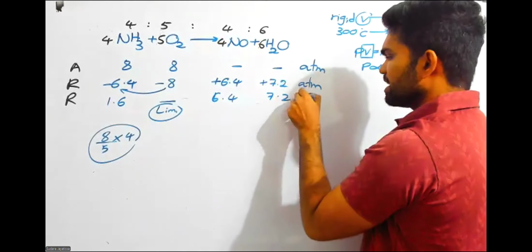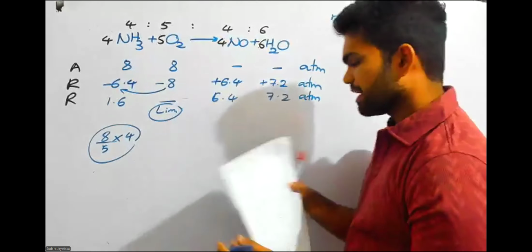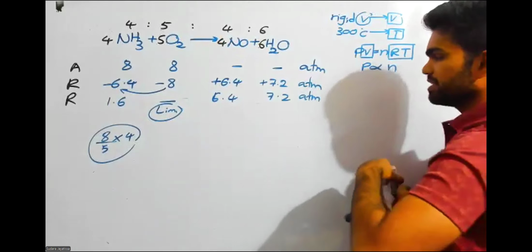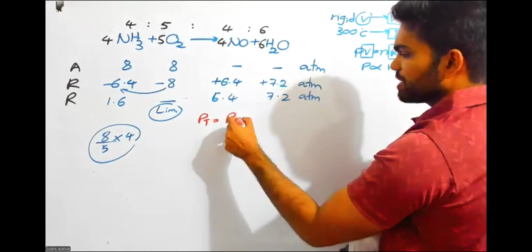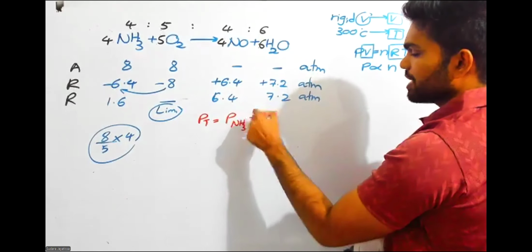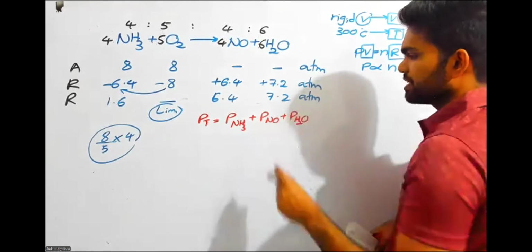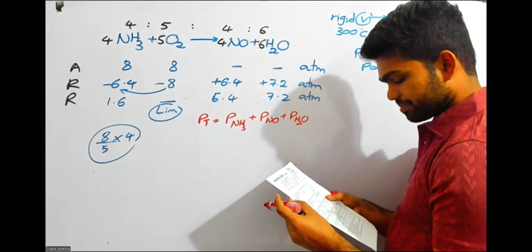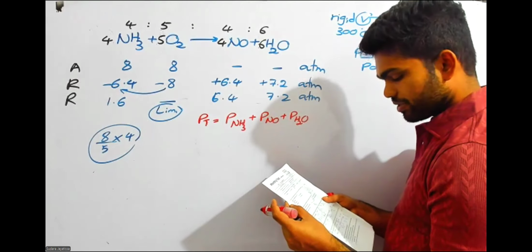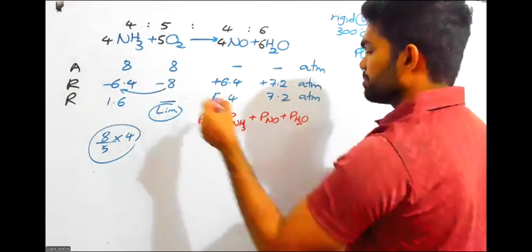So what is the question they're asking? I think they're asking the final pressure. For the final pressure, P total is given by the partial pressures of each gas. So simply you need to add the pressures of these gases. It's 300 Celsius, so obviously water is a vapor, and here there's no pressure from water.